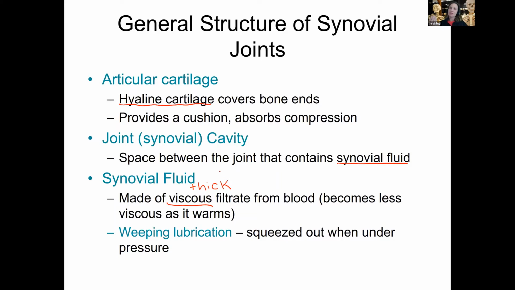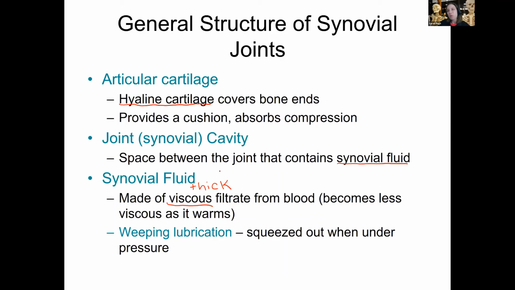So what happens is your body will create the synovial fluid from your blood, and it will weep into the synovial cavity. And it's really thick. But what happens as you warm up your joints, like as you start moving your joints more and more and more, it gets warmer in there and the fluid actually gets less viscous. It actually thins out. The way that I always think about this is sometimes I'll cook with sesame oil, and a lot of times I'll put sesame oil in the refrigerator.